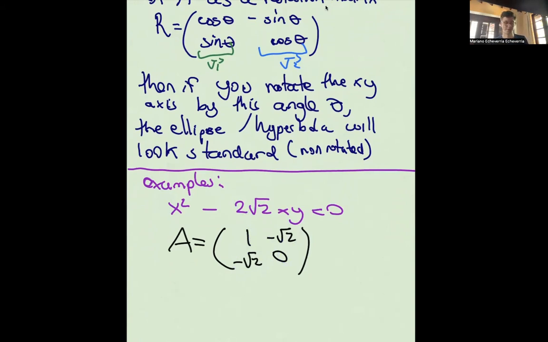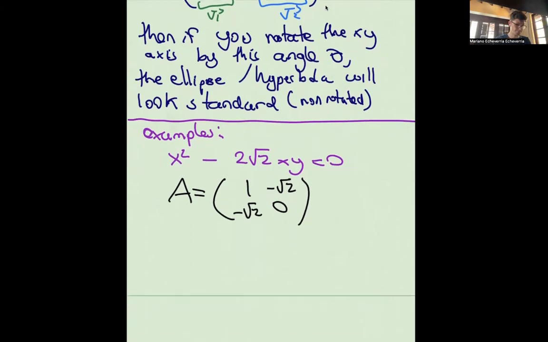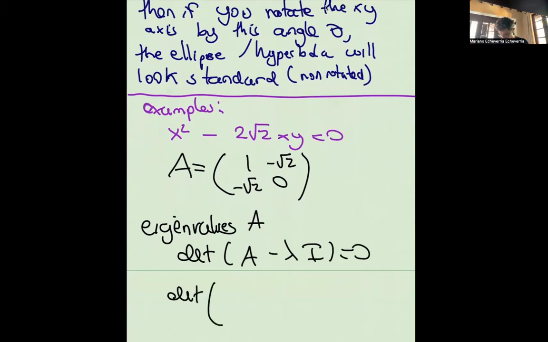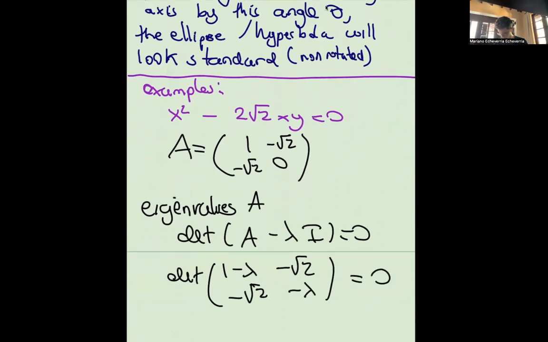And then the next step is to find the eigenvalues of A. So you have to look at the determinant of A minus lambda I equals 0. This is the determinant of 1 minus lambda, minus root of 2, minus root of 2, minus lambda, equals 0.